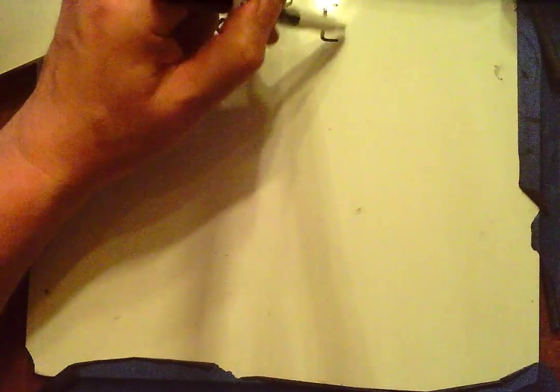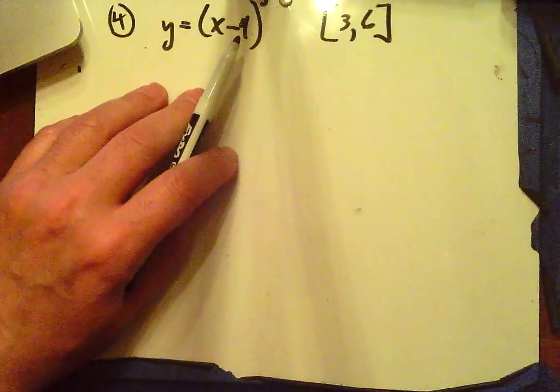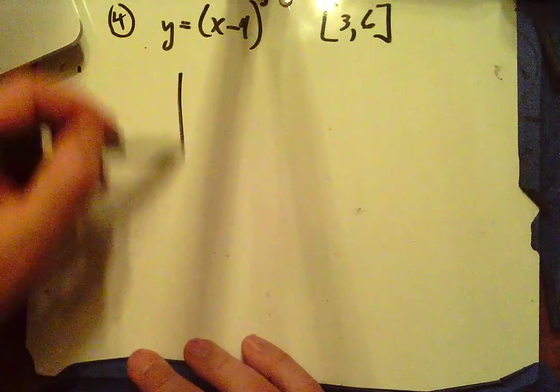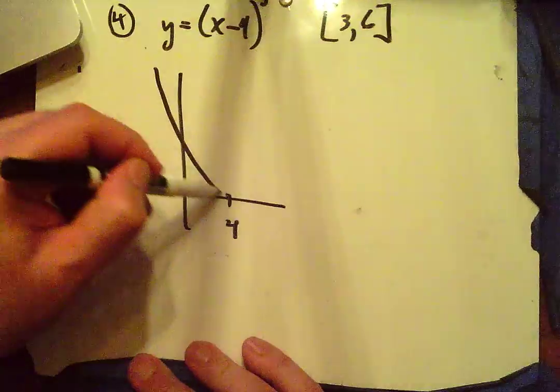Okay, and so the last one, number 4 for this section, y equals x minus 4 to the 5th on 3 to 6. Let's think about this for a second. This is x to the 5th shifted right 4. So we know that's where the vertex is.